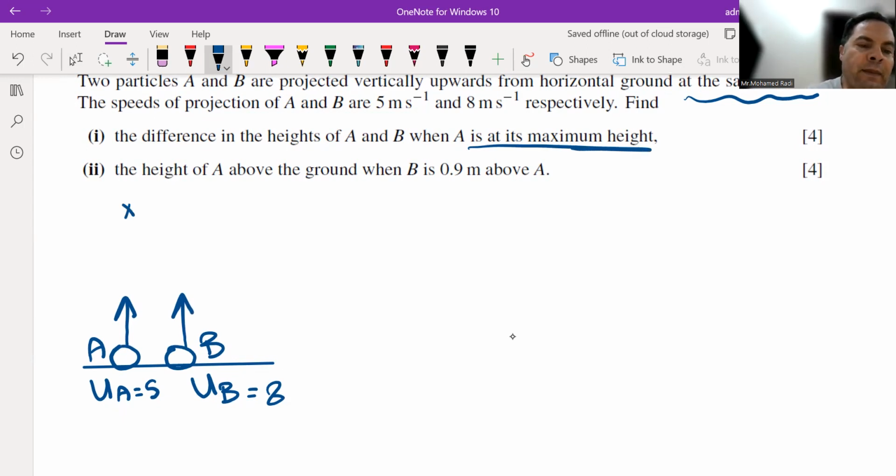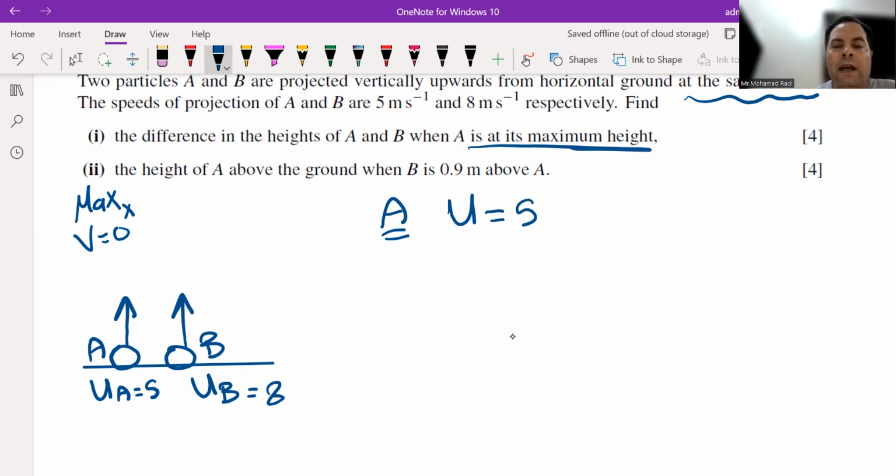When A is at maximum height, its final velocity will be 0. Let's now talk about particle A. Particle A is given initial velocity 5, accelerating -10, and the final velocity is 0.